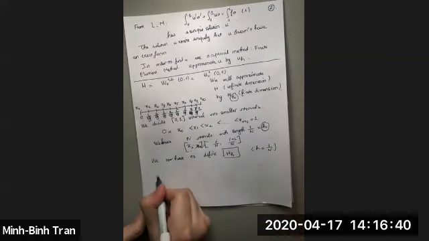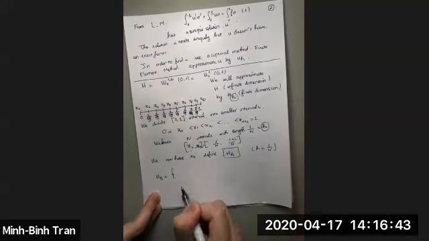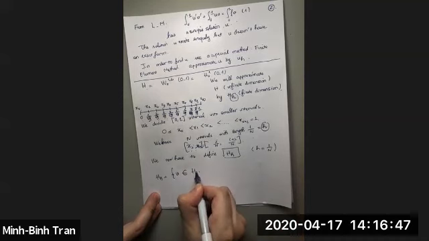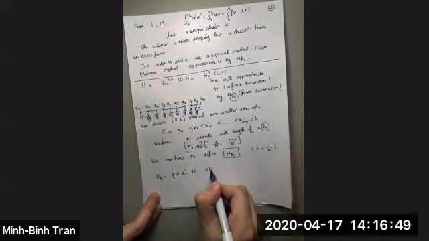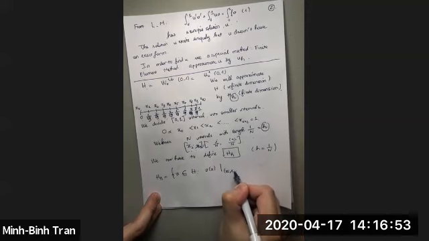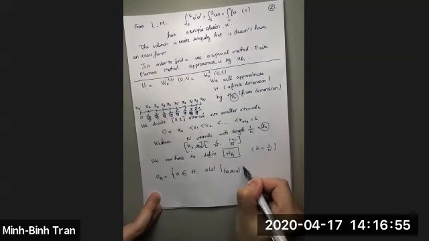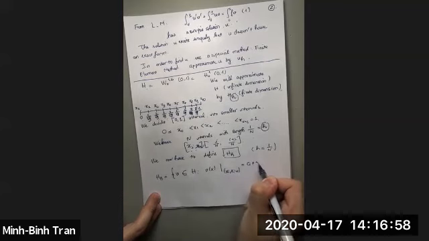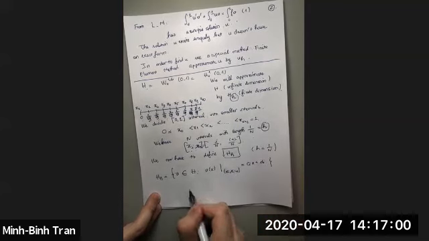So the Hs will be the following. The Hs will be the space of all of the v which is in H, such that v restricted to [xi, xi+1] has the form ci x plus di, right?